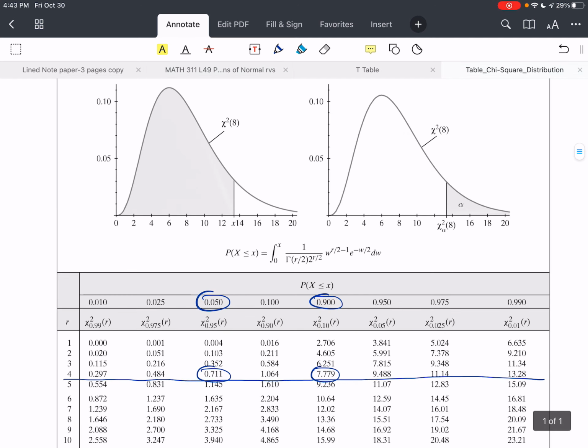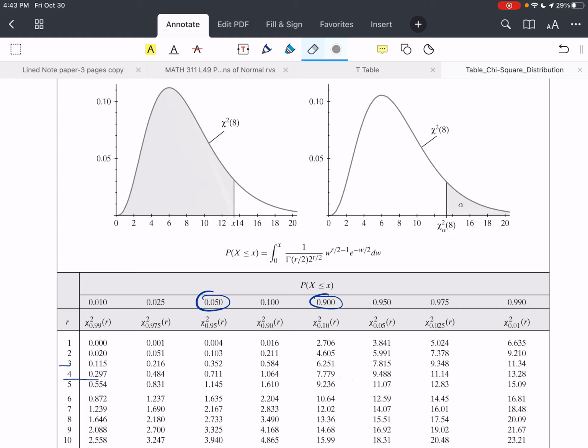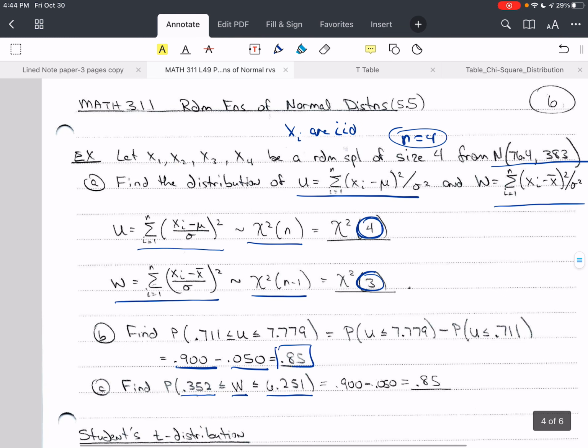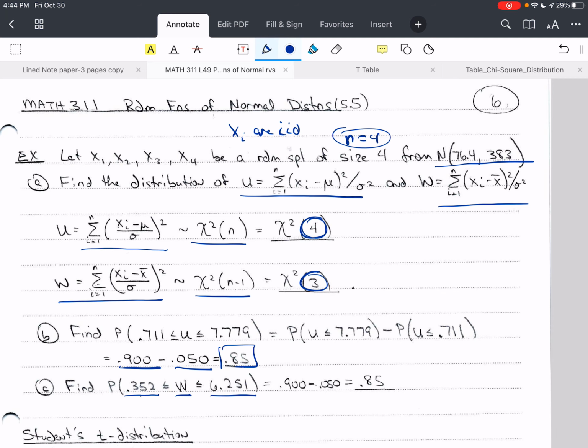So we want 3 instead of 4. And we looked at 6.251 and 0.352, and they're in the same column, so it's the same probabilities. It's going to be 0.9 minus 0.05, I'm sorry, and that gives us an answer of 0.85.